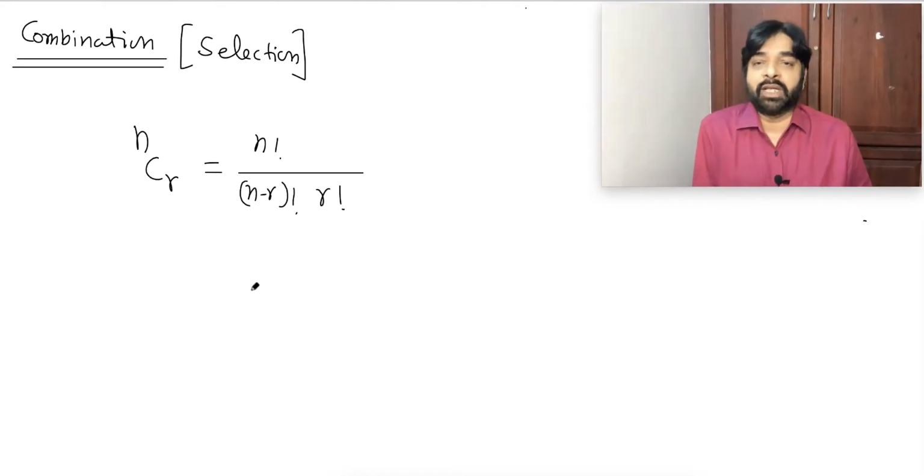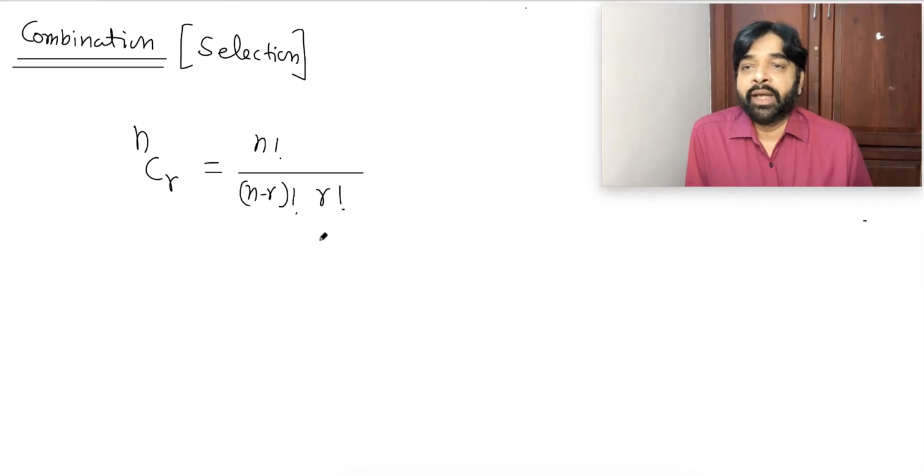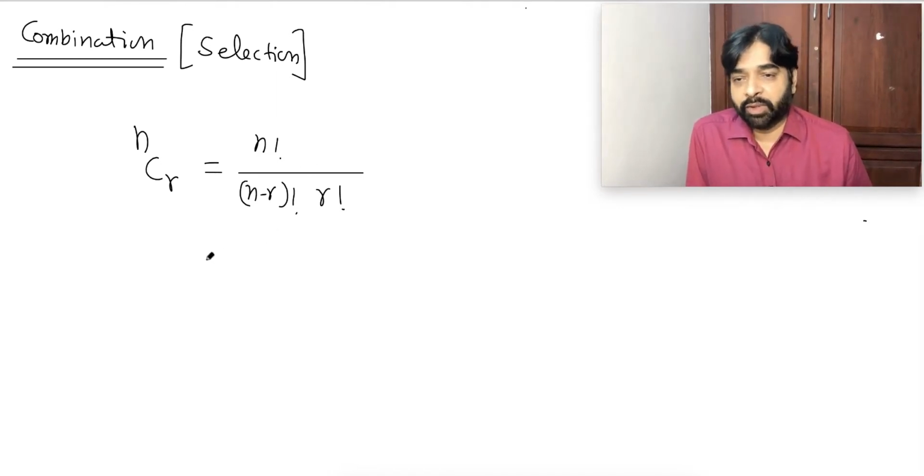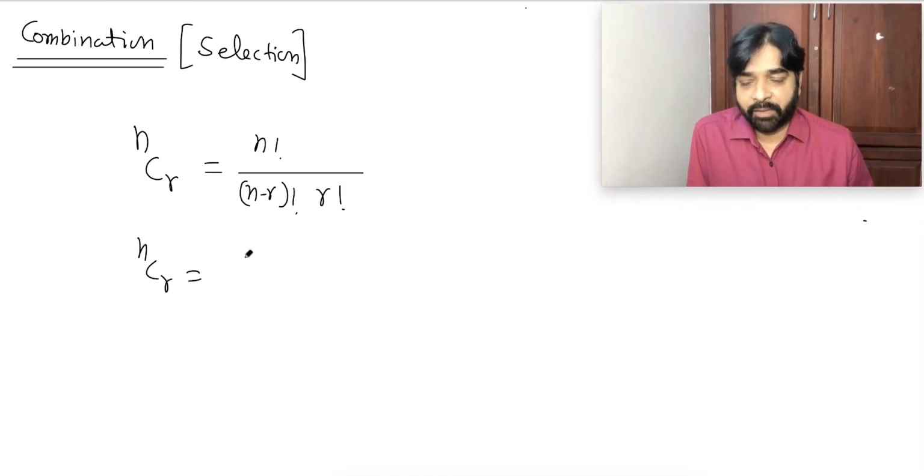nPr we don't use much. You will see that in future we are not going to use nPr at all. We will use nCr and factorials and get the answers. From here, nCr equals n factorial divided by (n minus r) factorial, into 1 by r factorial.